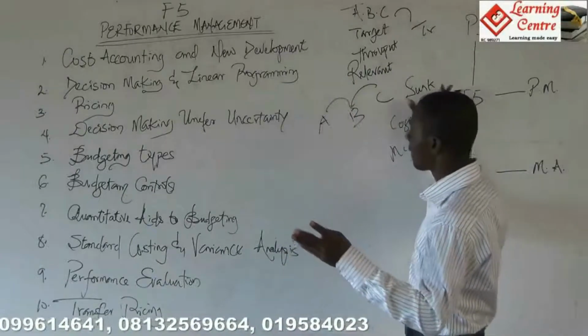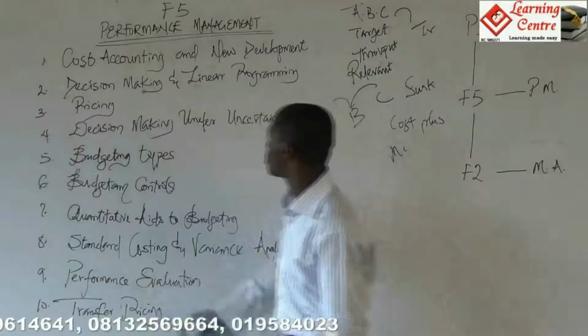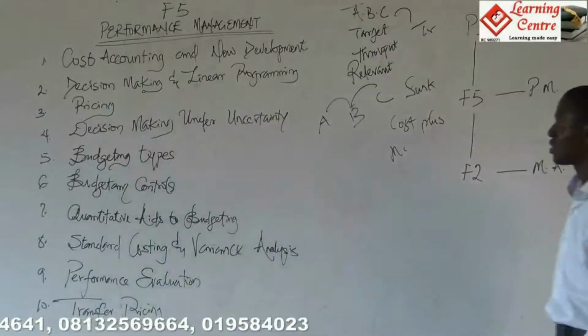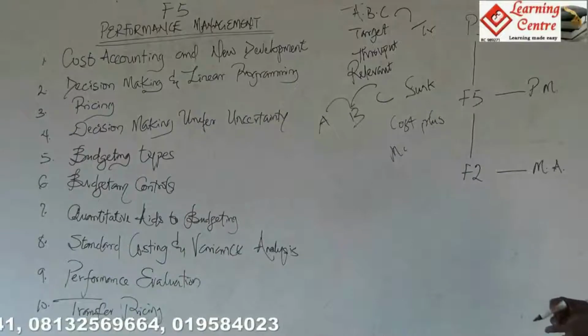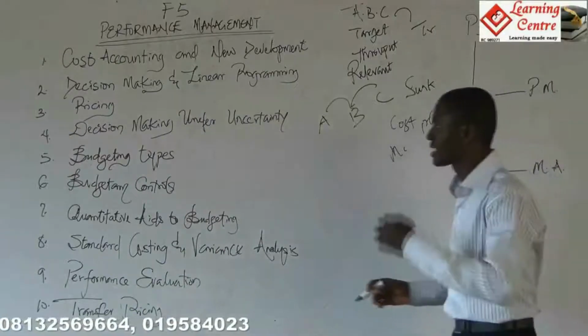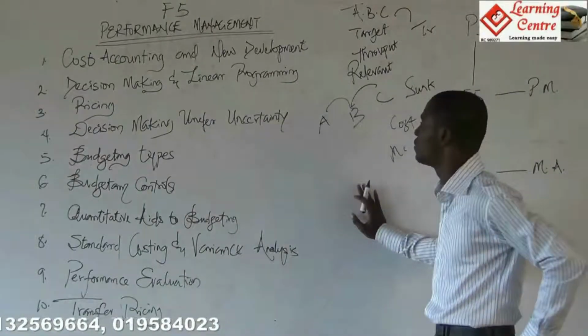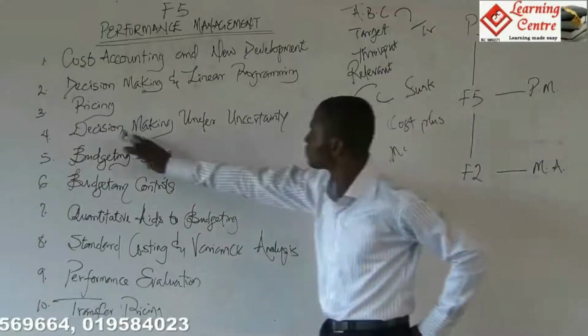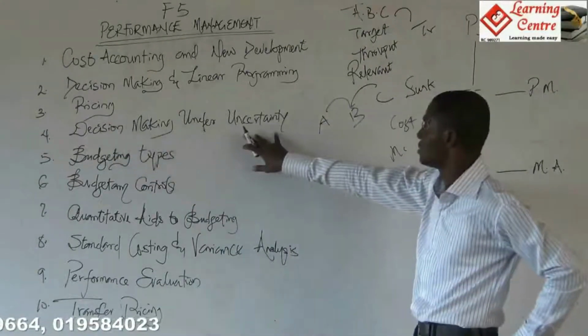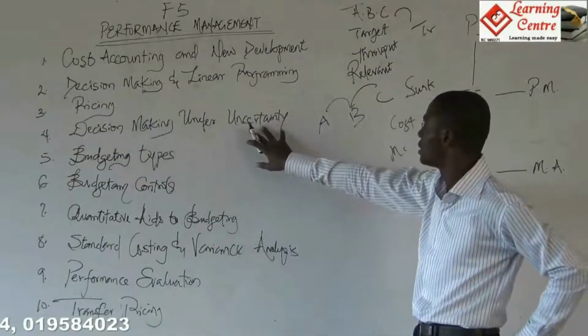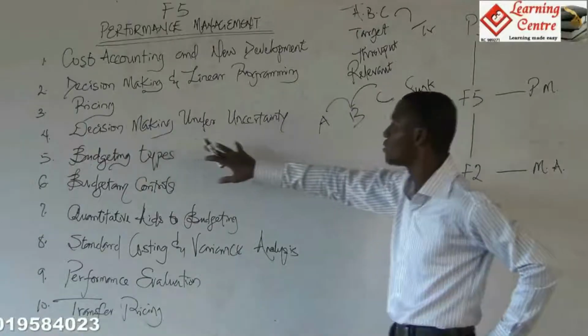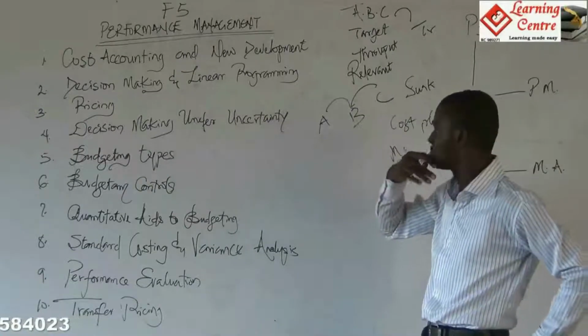Now, we go down to the next one, which is decision making under uncertainty. Because we cannot reliably predict the future, we have to come up with this model or this topic. How do we make a decision as a manager, as a management accountant?